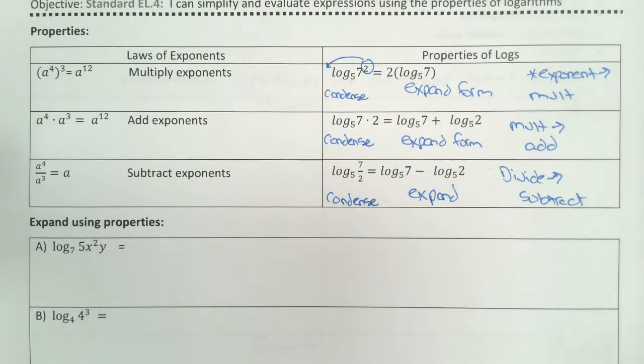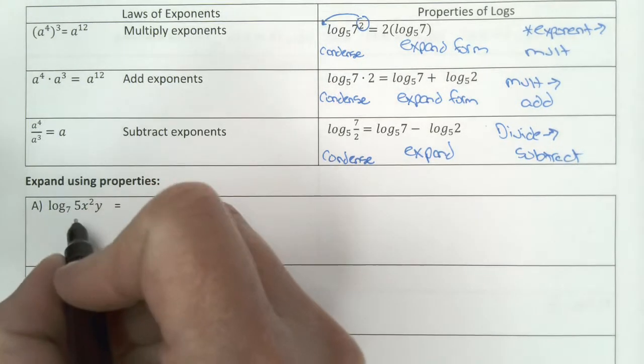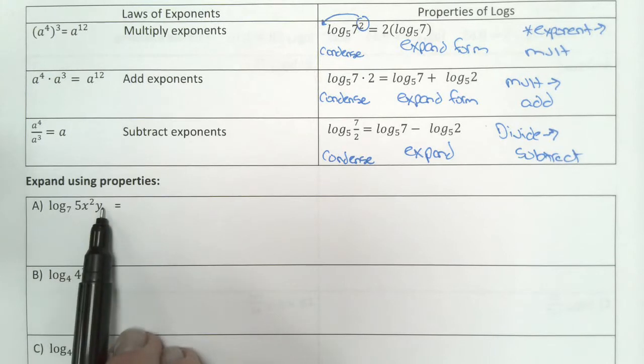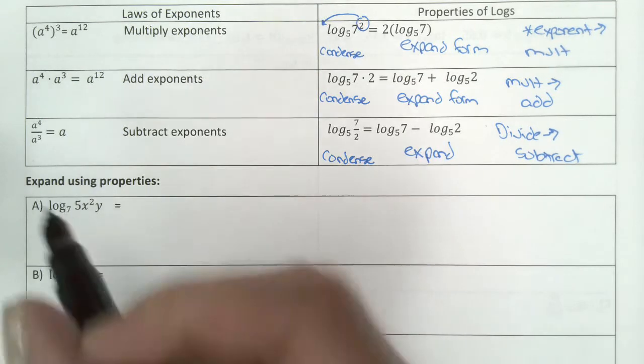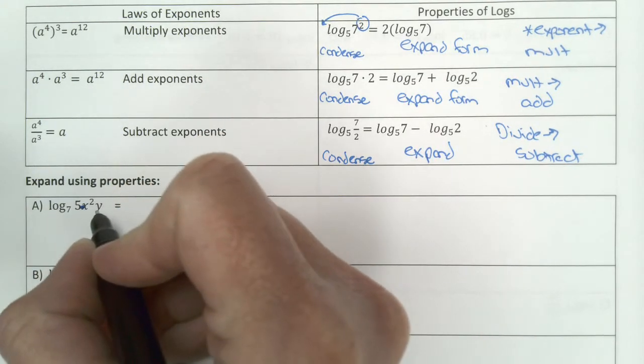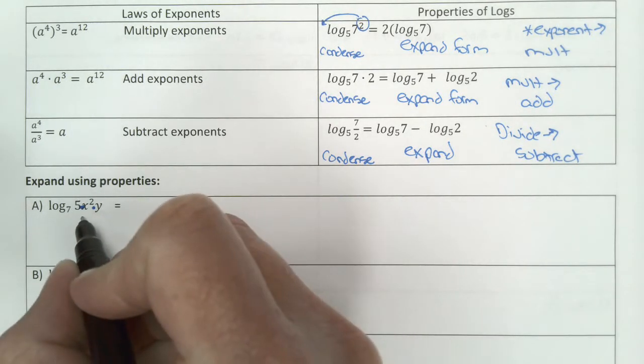So we're going to take this logarithm and we are going to expand it. So the first thing that I would do is I would see what is going on. So this is 5 times x squared times y. So you have basically two multiplication properties there.